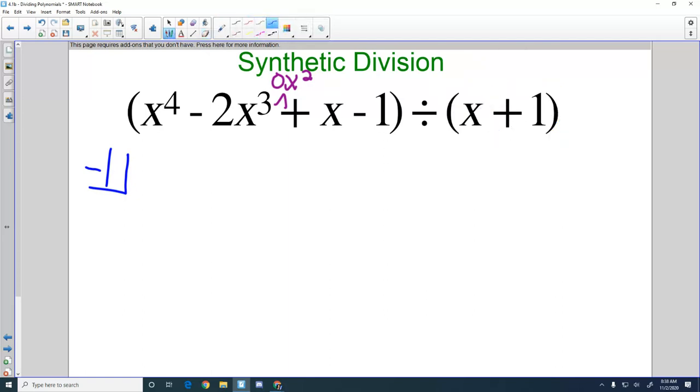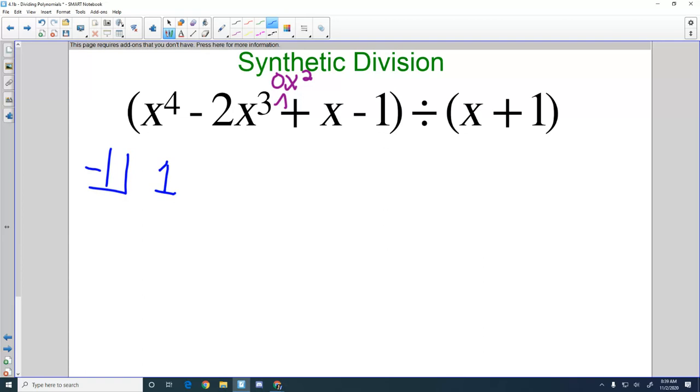Now, here's the easy breezy part. To the right of the half box, you're just going to write all the coefficients of the dividend. So how many x to the fourths do we have? What's the number in front of the x to the fourth? There'd be an invisible 1. Okay, how many x to the thirds do we have?